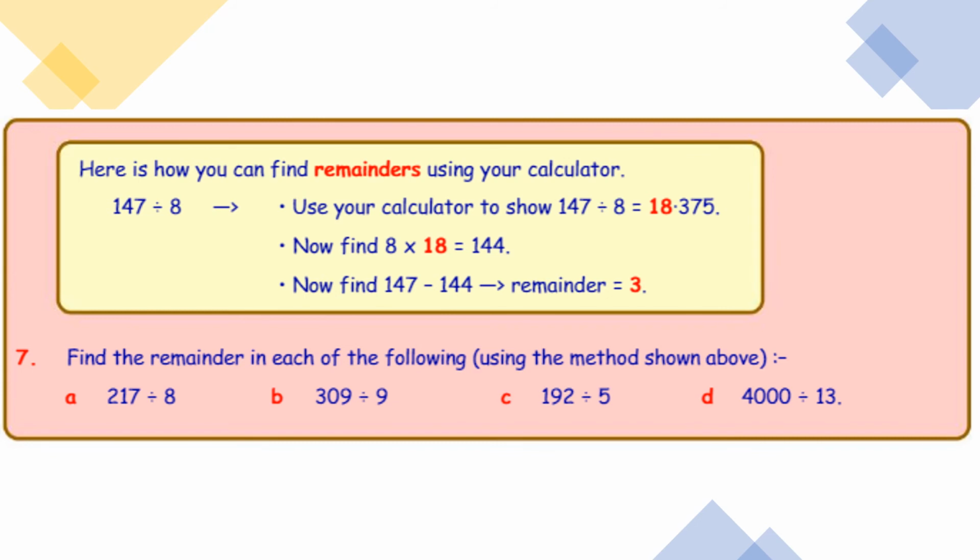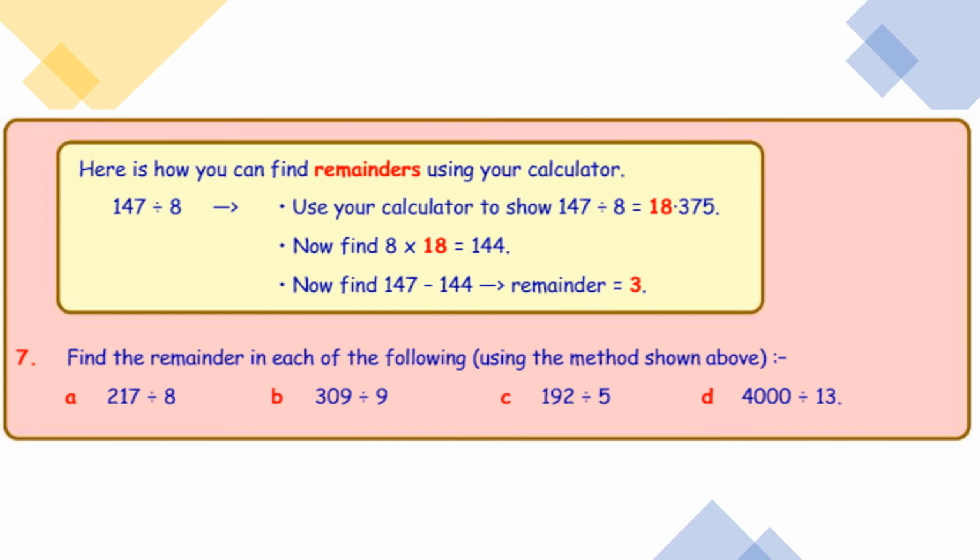So here's how you find remainders using your calculator. Okay, so this little section here, you'll need that in front of you at least for the first 2. So we've got 147 divided by 8. If you do that on your calculator, it will show you 18.375.